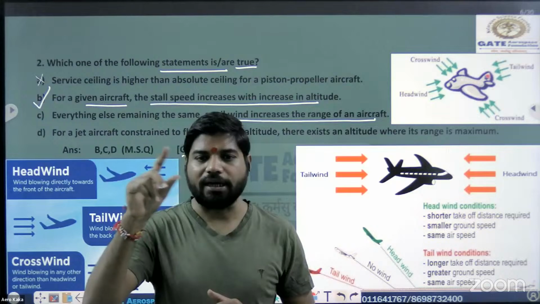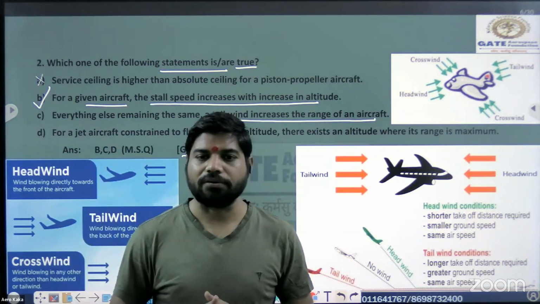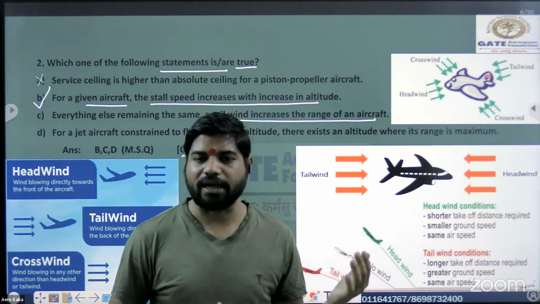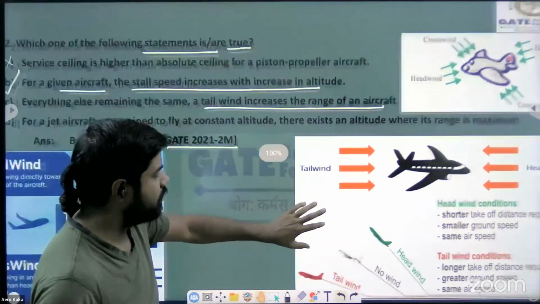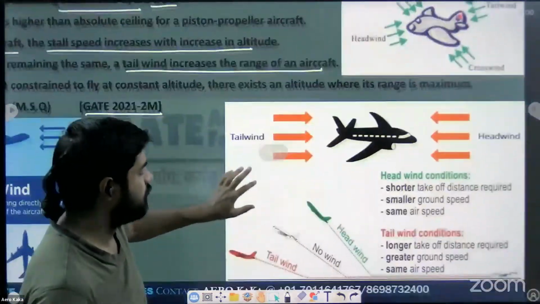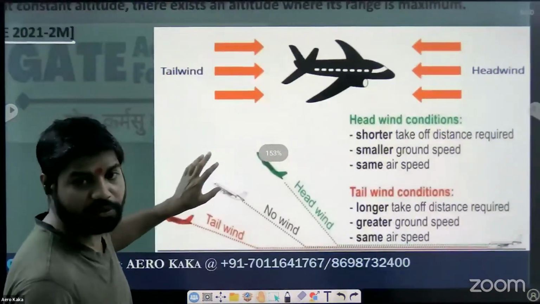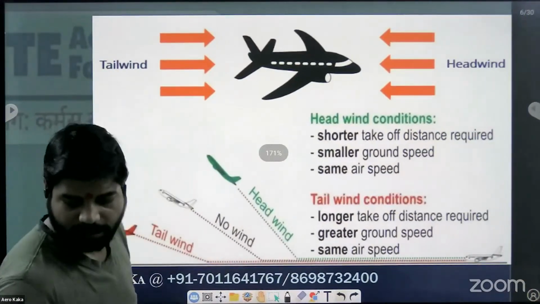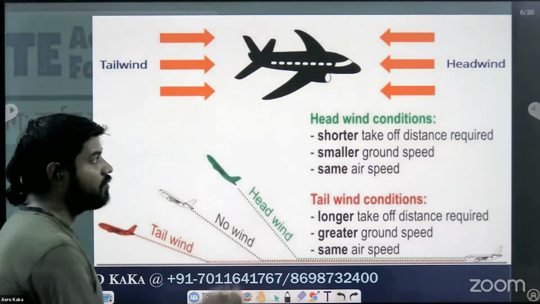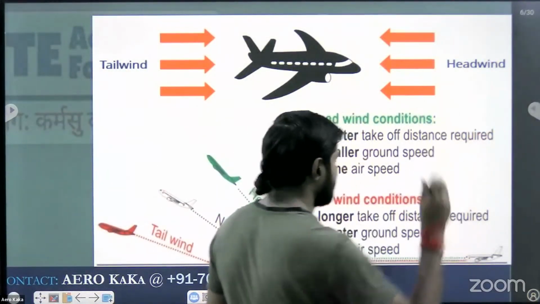Clear? The range of the aircraft depends upon the type of wind, whether it's a headwind or a tailwind. Let me explain this one also here. Let's say this is the aircraft, right? Is it visible to you? Yes, sir. Okay. So we can consider two cases here. One is tailwind, and this is headwind here.